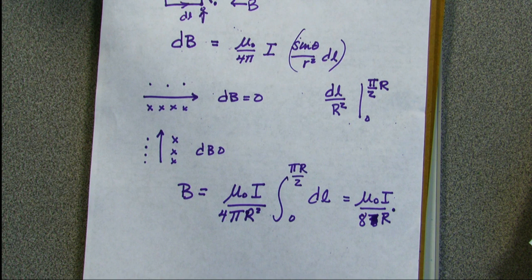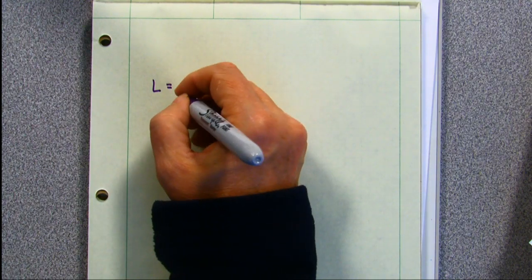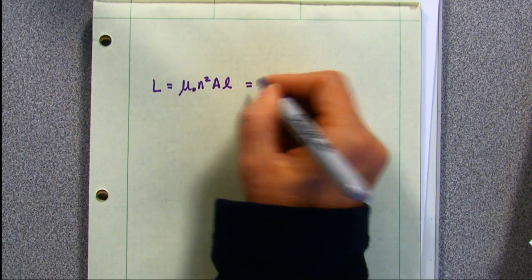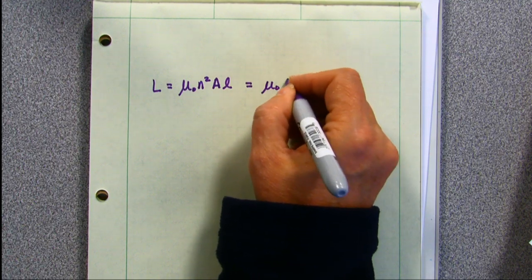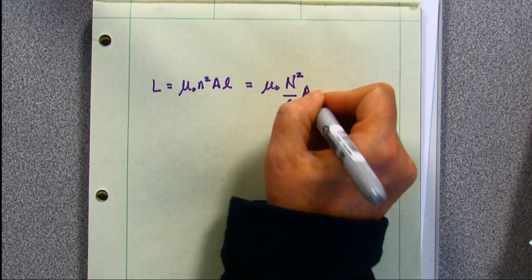Just kind of going back and catching a couple of problems that we haven't done. So L, if I'm doing the inductance of a device, we get mu n squared area L. I can also write this in terms of mu n squared times L times the area.